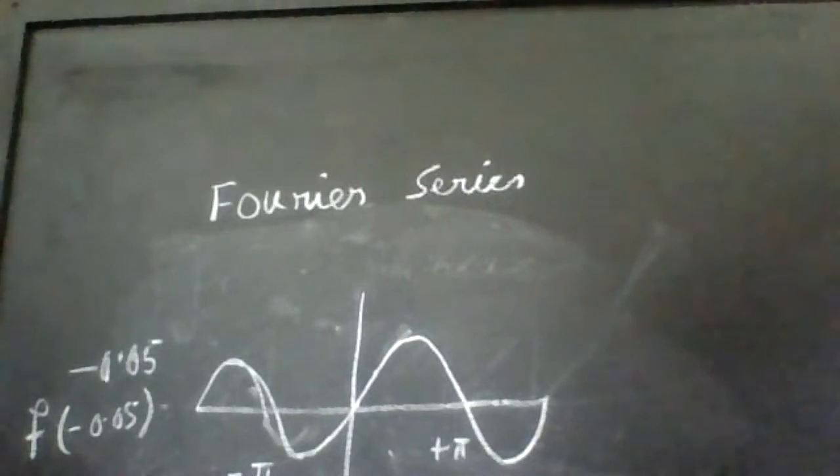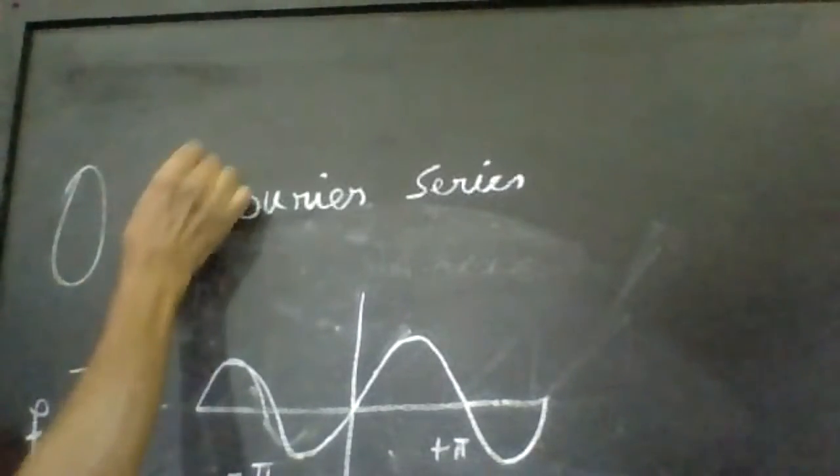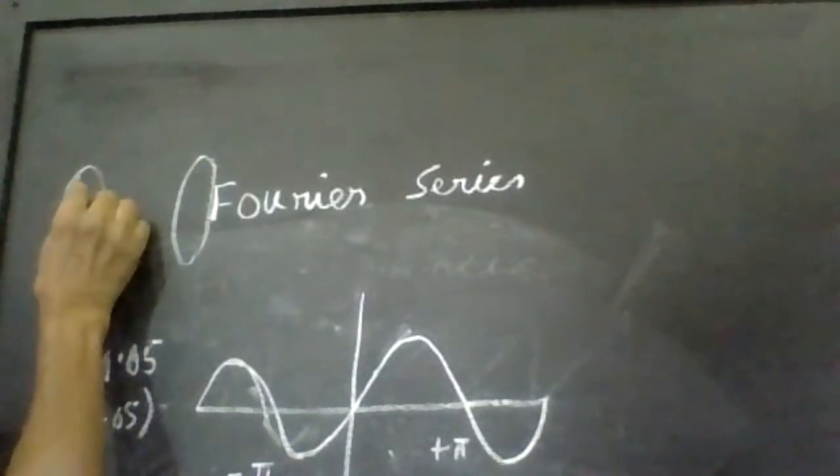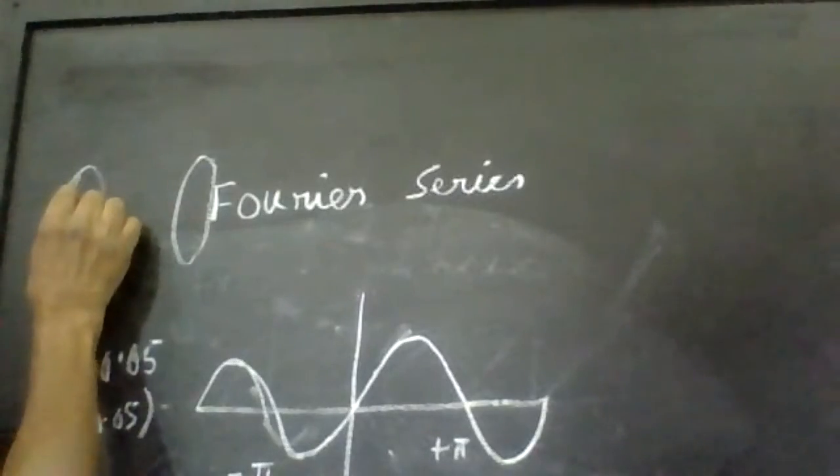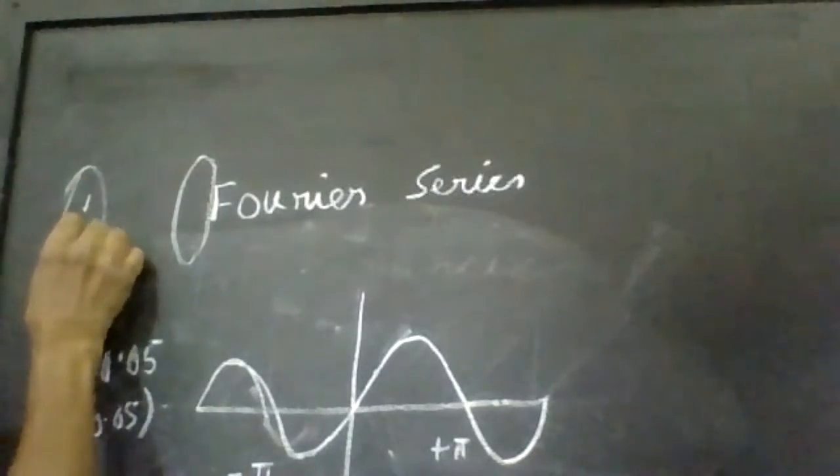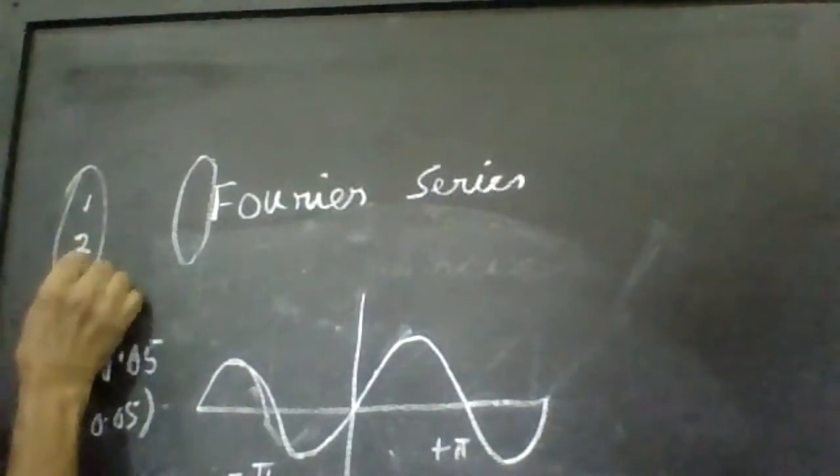Every value of x has some value of y. Say you have x equals 1, x equals 2, x equals minus 2.